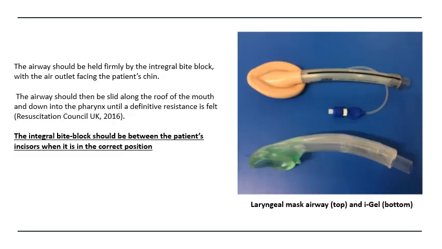The airway should be held firmly by the integral bite block with the air outlet facing the patient's chin. The airway should then be slid along the roof of the mouth and drawn into the pharynx till a definitive resistance is felt. The integral bite block should be between the patient's incisors when it's in the correct position.